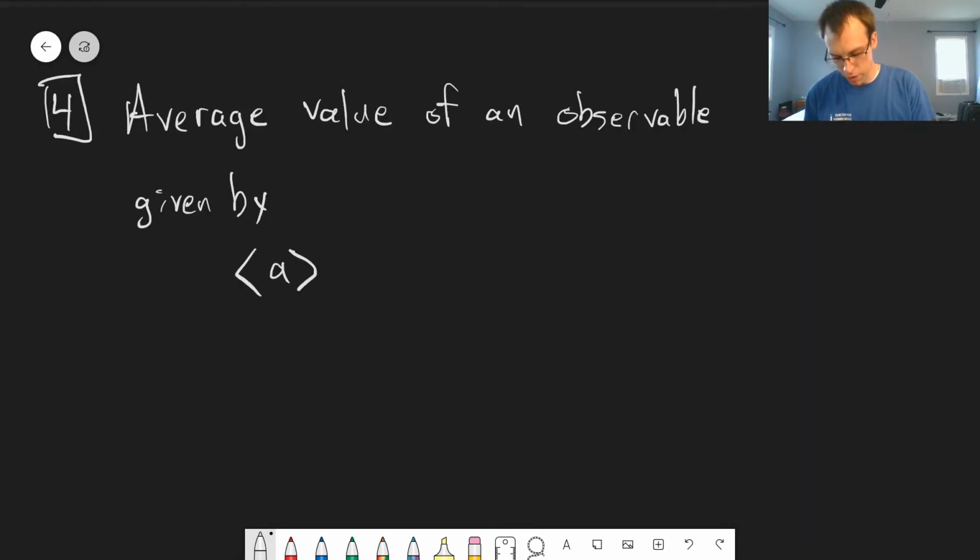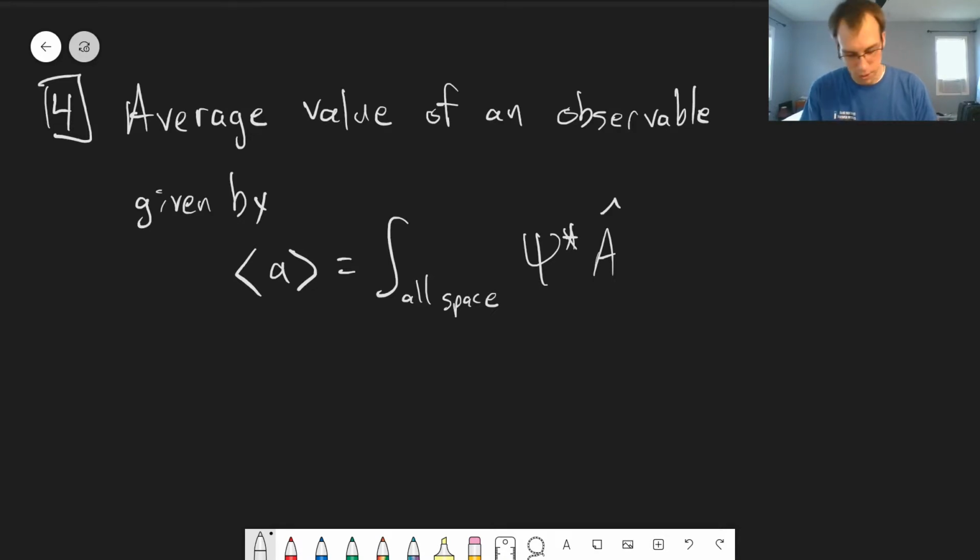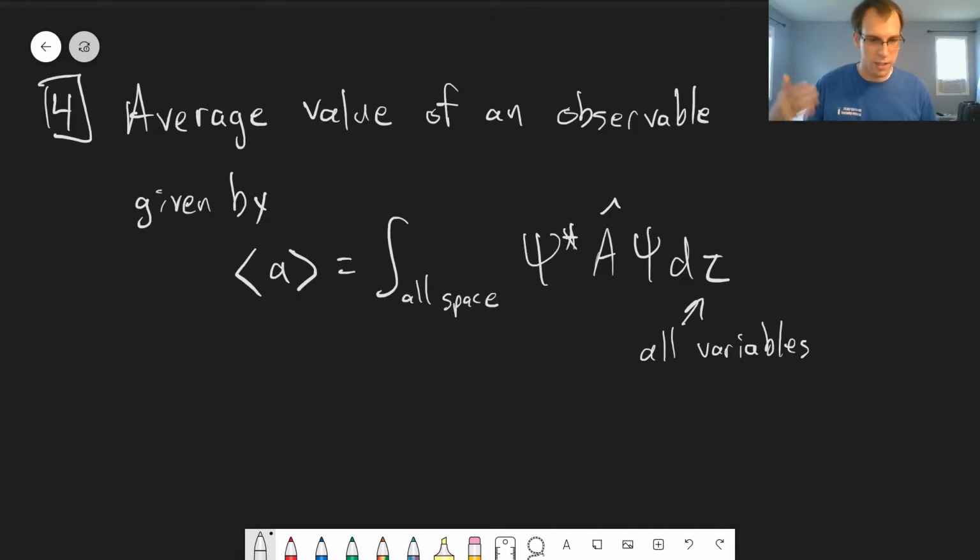The average value of A is that we integrate over all space psi star, the A operator that corresponds to that observable, psi d tau, where d tau represents all the possible variables for our system. This just makes it so we don't have to specify x, y, and z, or r, theta, and phi, or just x for a one-dimensional problem. We can just be generic here.